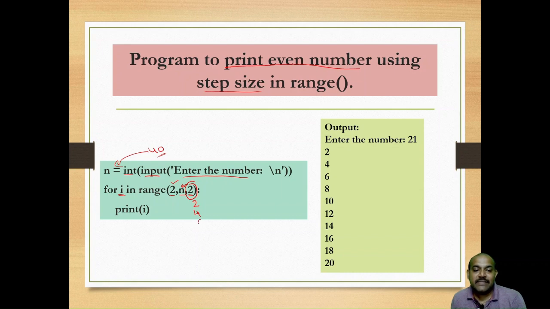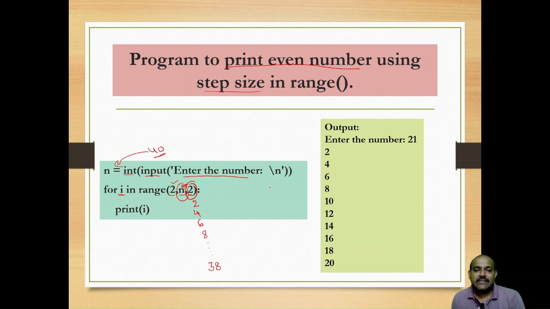Again i becomes 6, it prints that. It keeps on doing this. When it is 38, it still prints. Next time i takes the value 40, because of the increment of 2. Is 40 in the range of 40, since I have given 40 for the value of n? Now it is not in the range of 40, therefore it will end the loop.